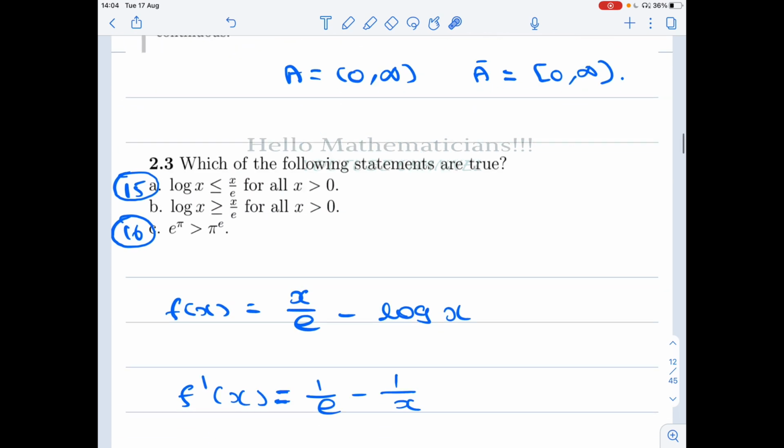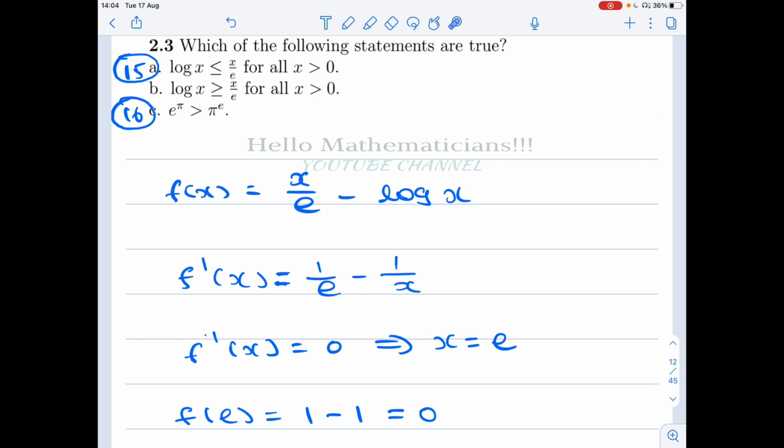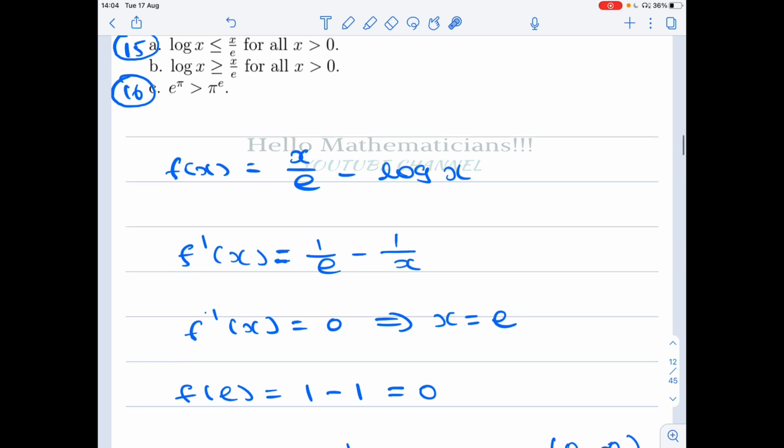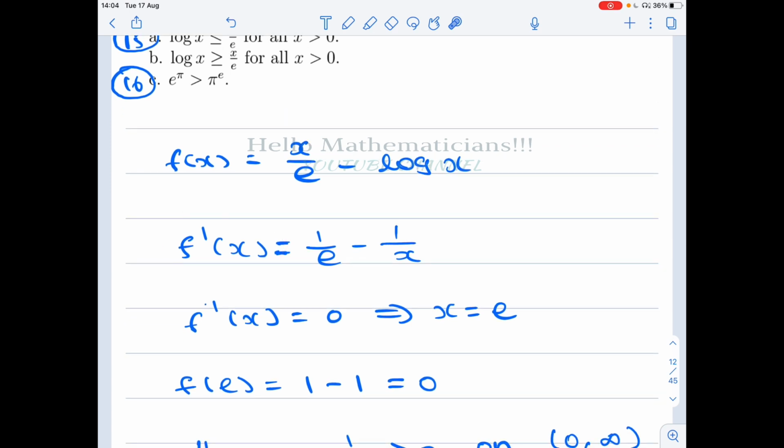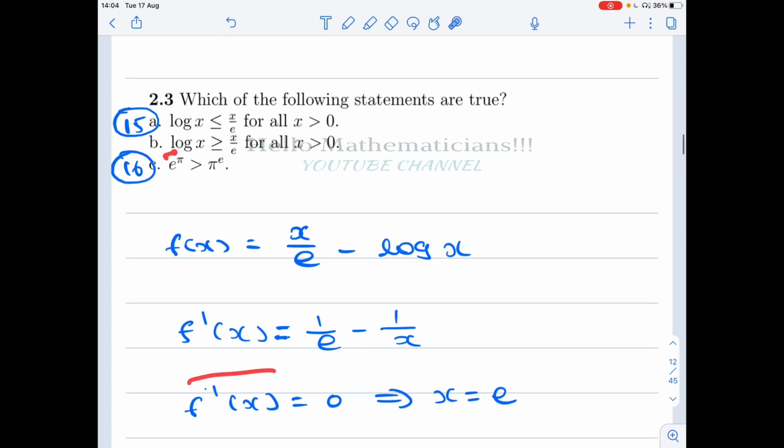Now let's see why the first two options are true. Again, these are two functions and you want to see which function is greater than the other. Use the same derivative technique we used in this problem.